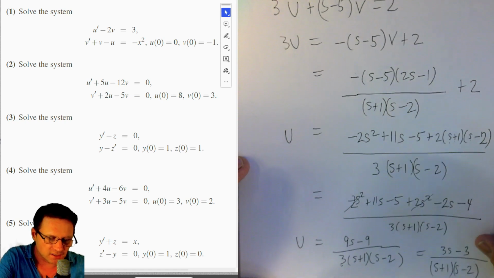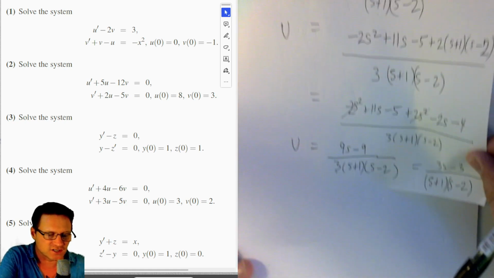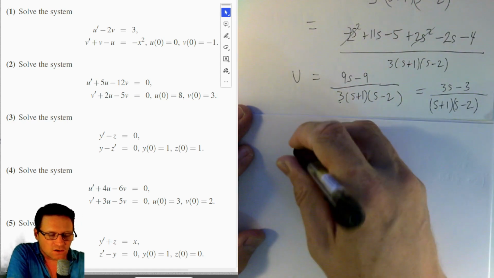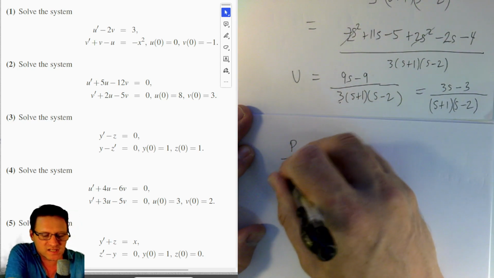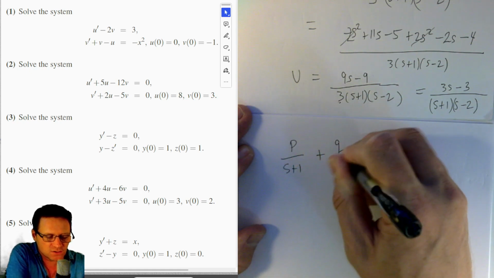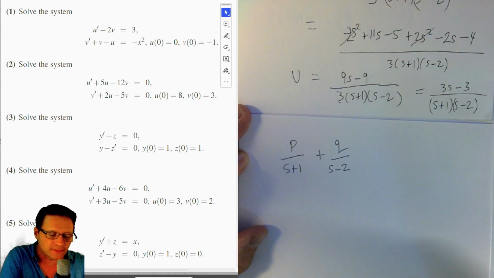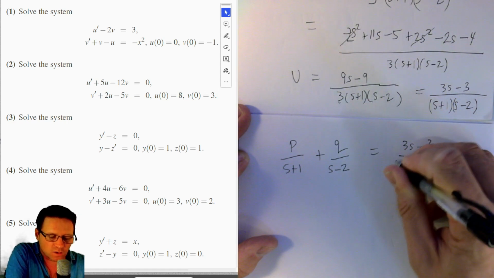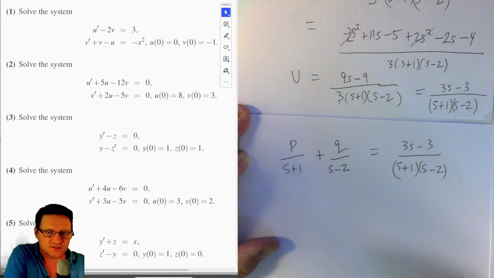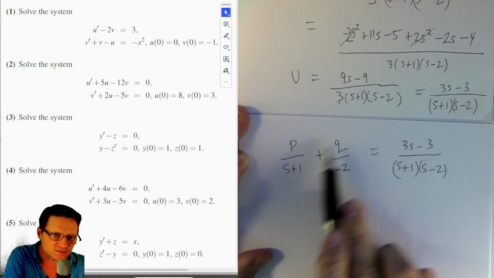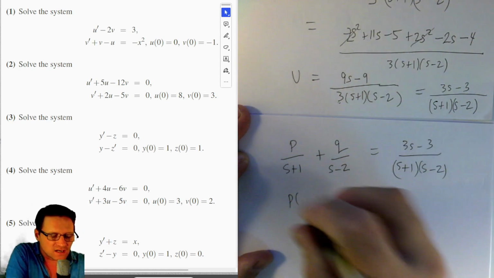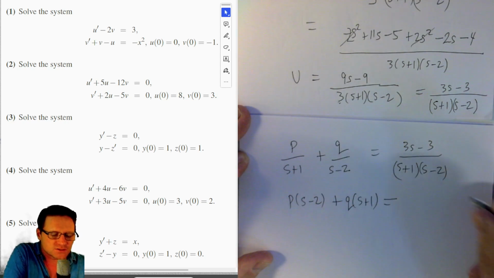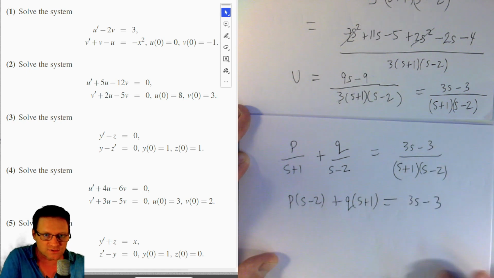Okay, great. Now we need to break this up using partial fractions. So let's call this P over S plus 1 plus Q over S minus 2 is that 3S minus 3 over S plus 1, S minus 2. Okay, so putting this back together, we have P times S minus 2 plus Q times S plus 1 should be equal to 3S minus 3.